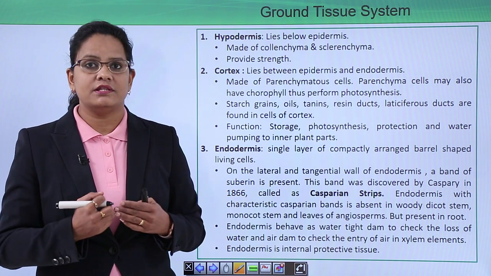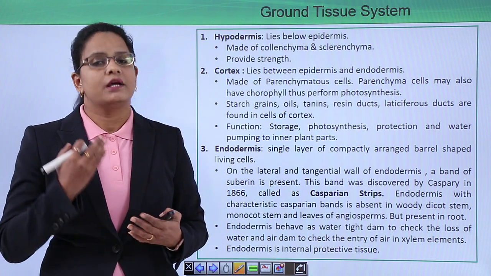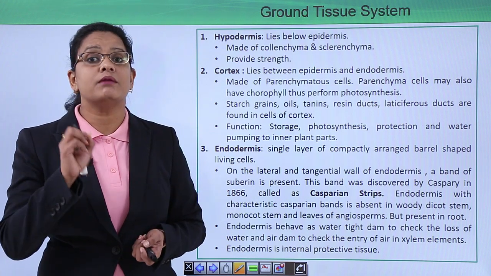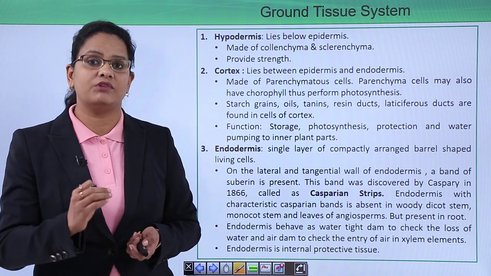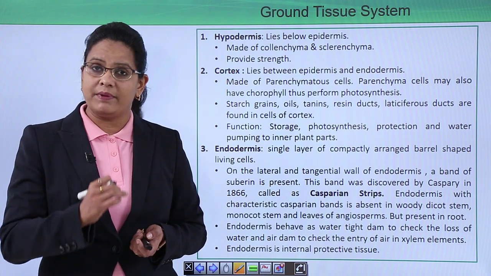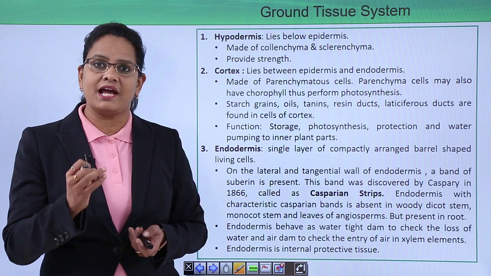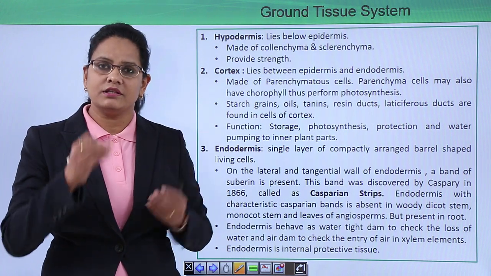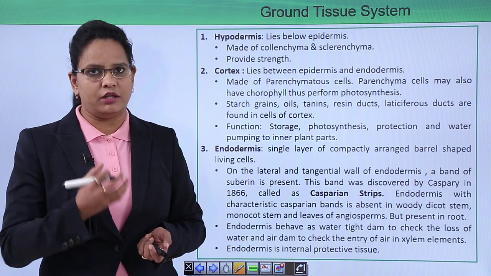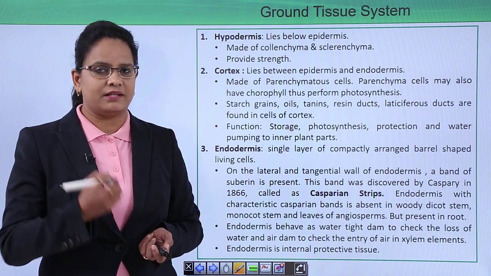Photosynthesis, storage of food, production of food, secretion, protection, and also one more important function, which is conduction of water to the inner part of the stem. The main conduction is performed by xylem, but the radial conduction is done by the cortex, and further by the medullary rays and these other parts of the stem and the root.